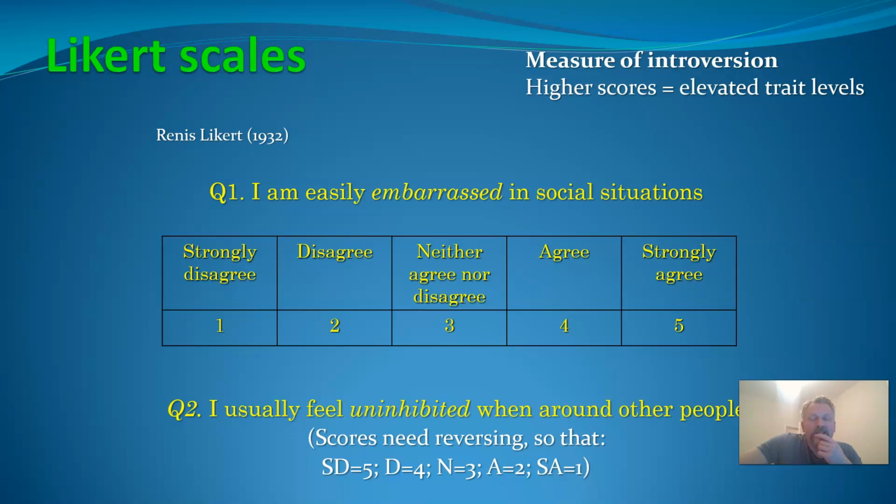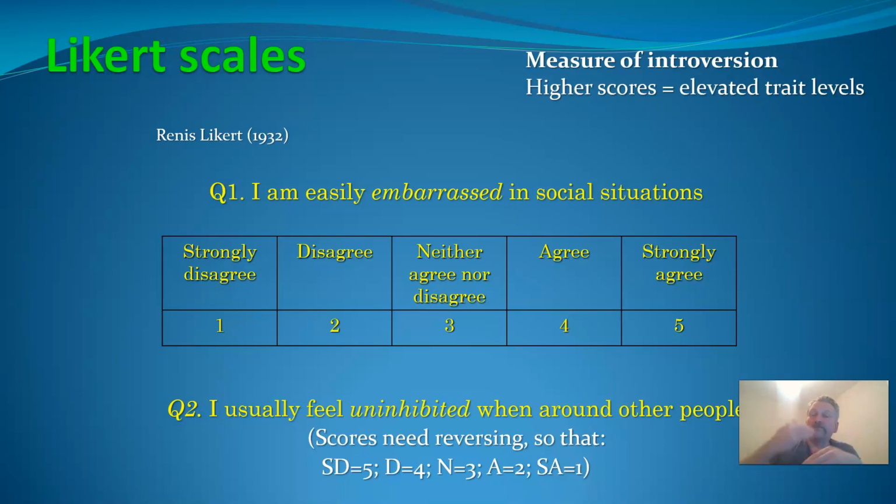Well, it's likely that someone who is genuinely introverted is going to strongly disagree with that. They don't feel uninhibited. But again, we can't simply use the 1 to 5 scale as it appears there, the scoring, because they're going to get a mix-up of the scores.